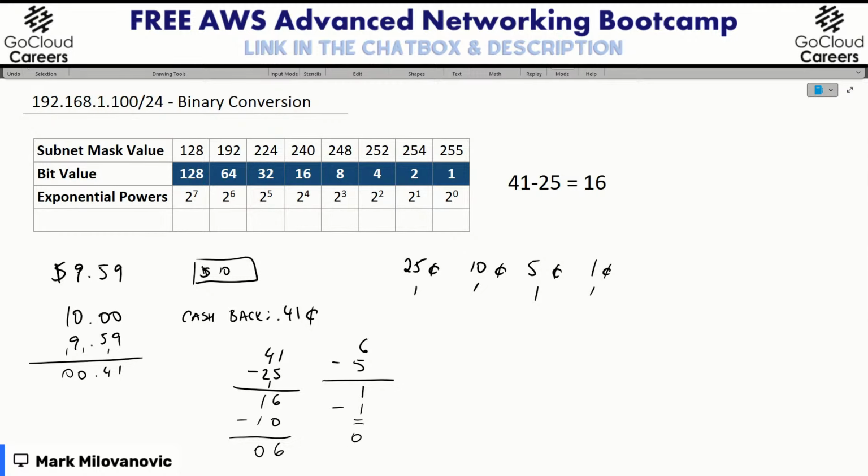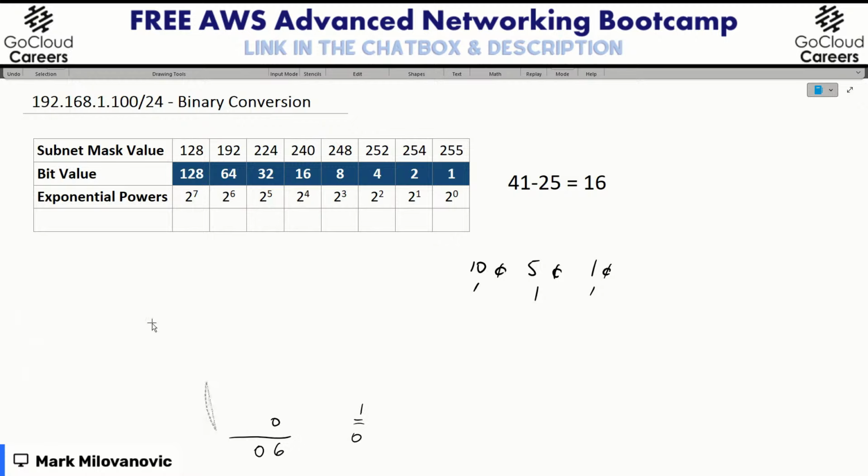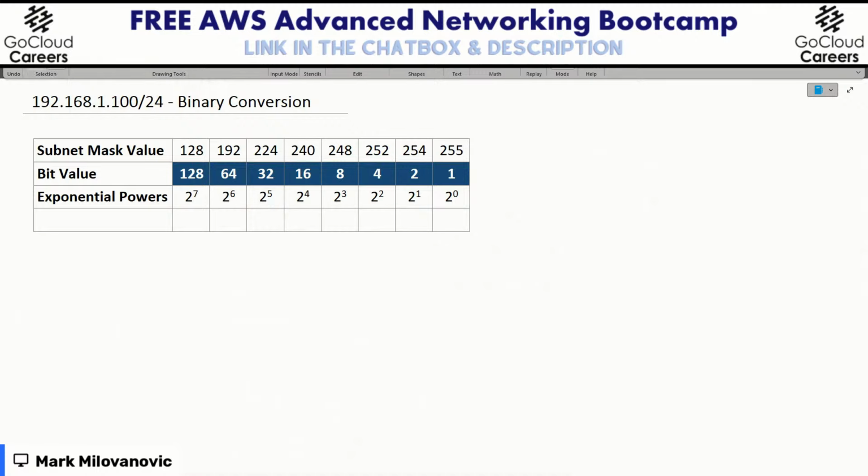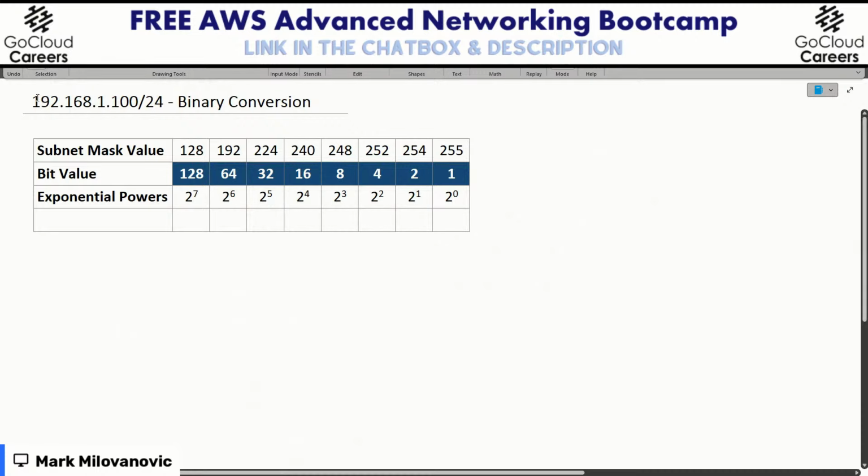Let me go ahead and remove all this. All right. Our goal is going to be to go through these decimal values one by one: 192, then 168, then the decimal value 1, and then eventually 100.